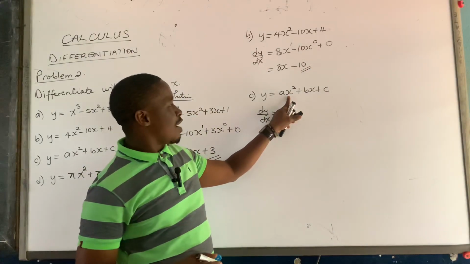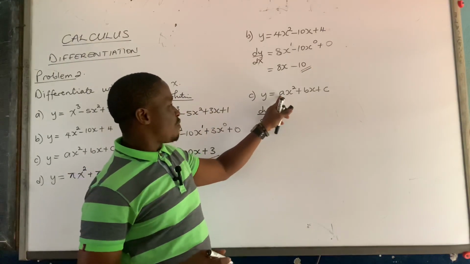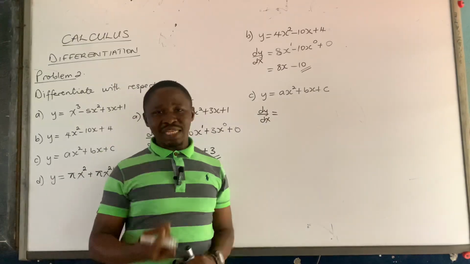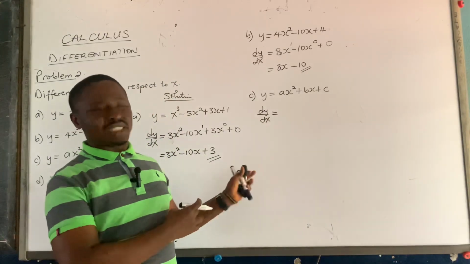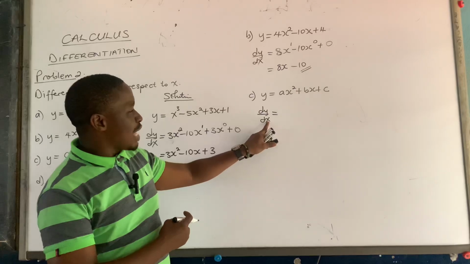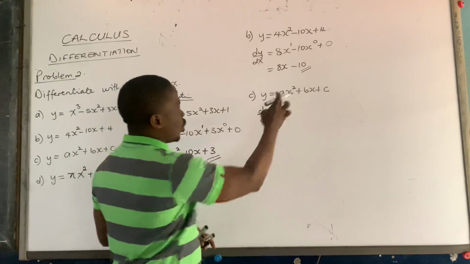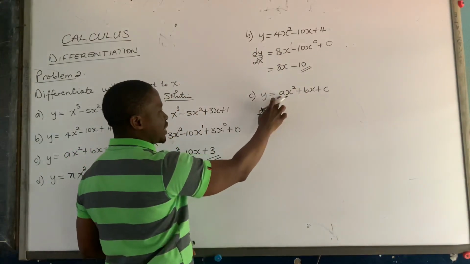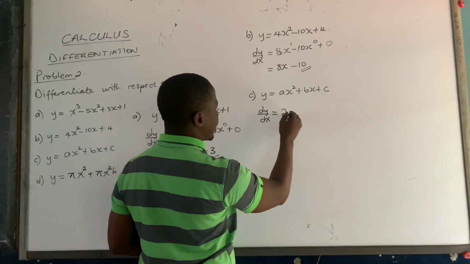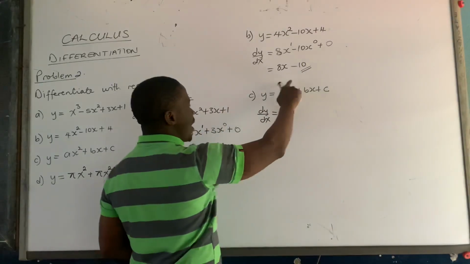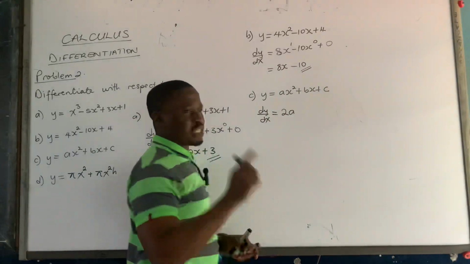X is here, the power is 2, the coefficient is a. A is a letter, but it's not a variable in this case because the variable here is x. So the power multiplying the coefficient, 2 times a is 2a. So the power minus 1, 2 minus 1 is 1.